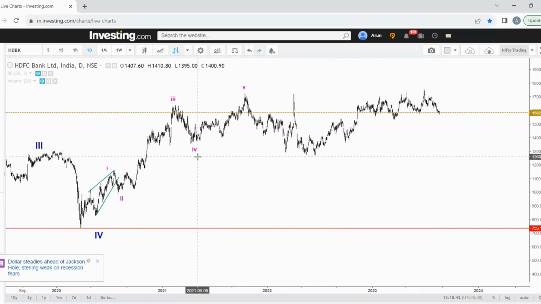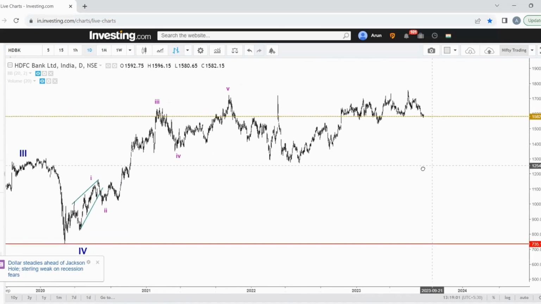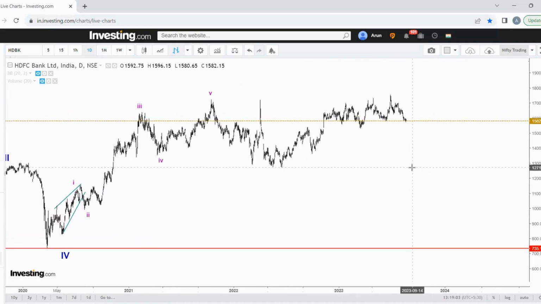We know how the wave 3 will react. Just imagine if it is wave 1 and wave 2, wave 3 should have moved like this, right? But this move is not like wave 3. So I'm not that confident that the correction has been completed.